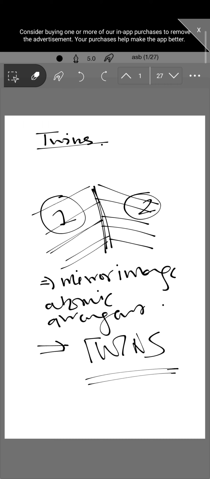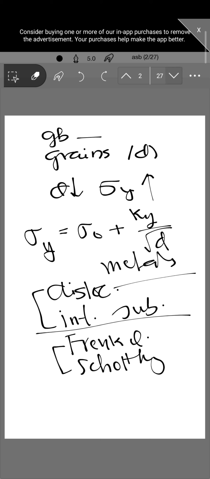Now twins arise mainly in the case of metals by a process called severe plastic deformation. Severe plastic deformation is a method of making the grains smaller in size.